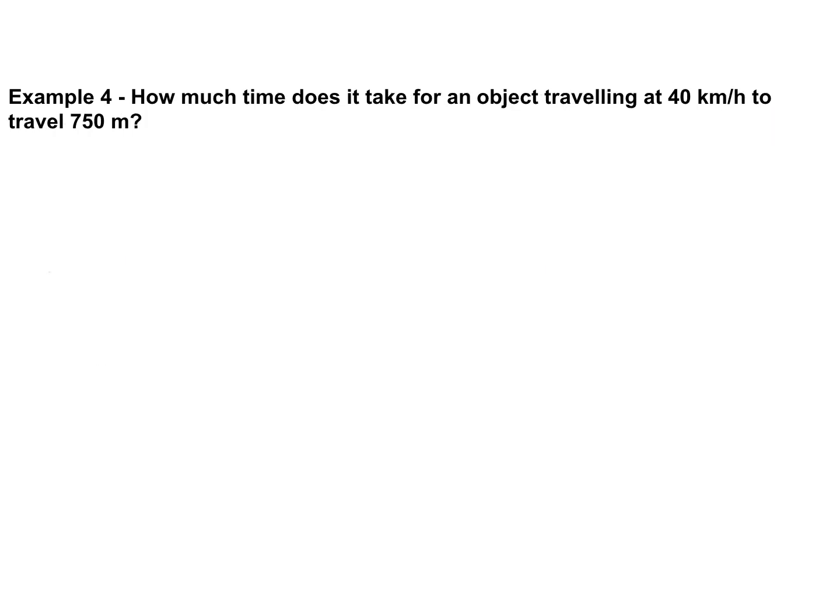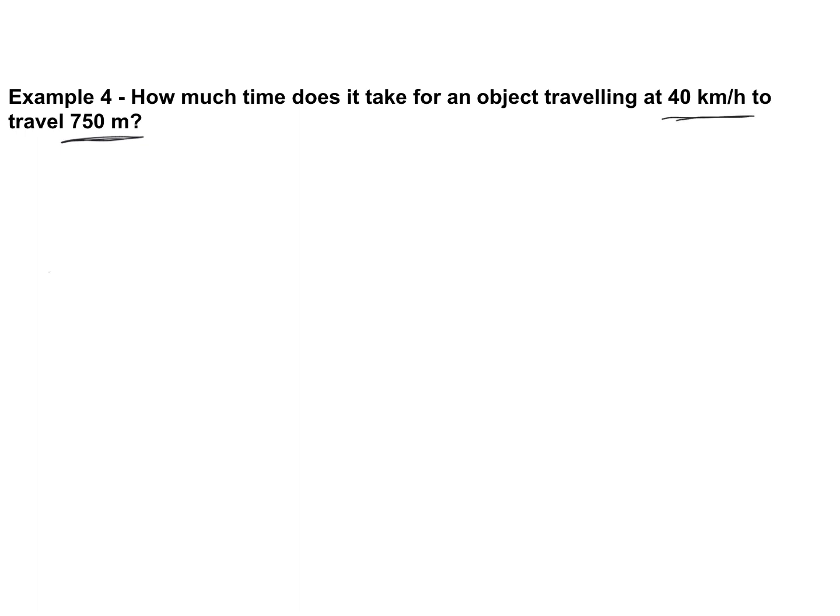Example 4, how much time does it take for an object traveling at 40 kilometers per hour to travel 750 meters? Okay, first of all, 750 meters, that's not even 1 kilometer. That's less than 1 kilometer, which is 1,000 meters. And 40 kilometers per hour is the speed limit actually on residential roads here.